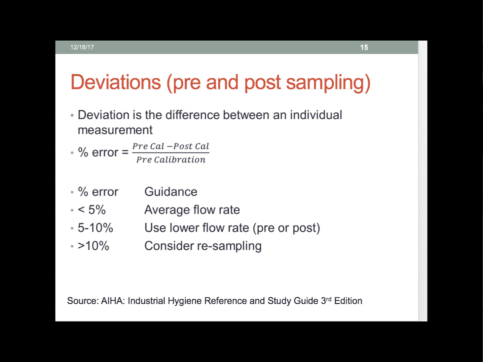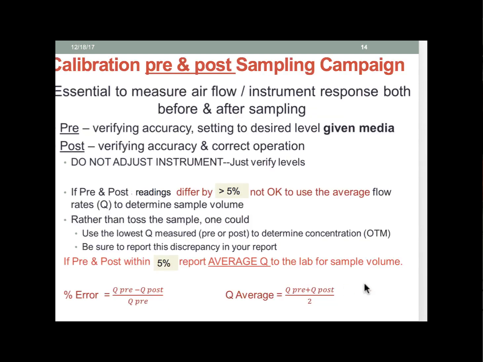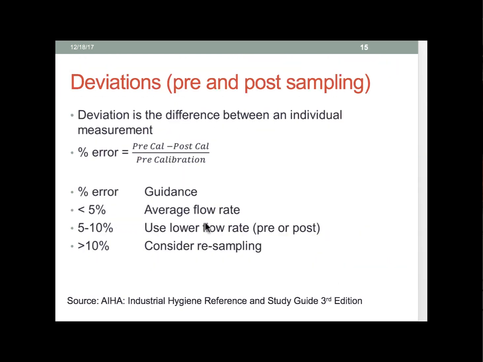So just to state that again, we calibrate before we sample, then we sample. We calibrate after we sample, and we have these two flow rates. They're going to differ. If they differ by less than 5%, we take the average, which is flow rate before plus flow rate after, divided by 2, and we use this to calculate our sample volume.